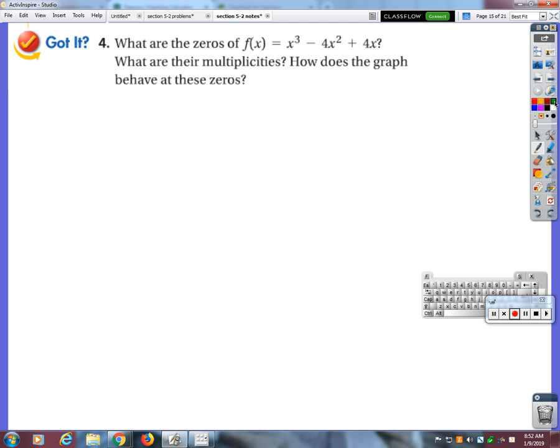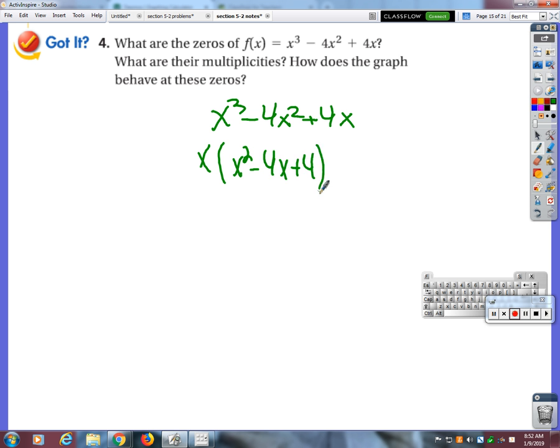All right, so let's try another one. What can I factor out of there? An x. And that leaves me with x squared minus 4x plus 4. Now I'm going to factor the stuff right here.